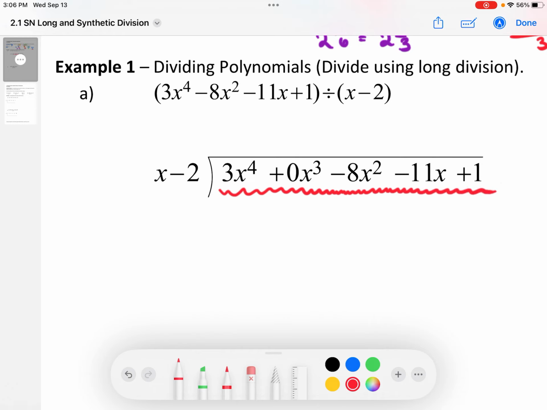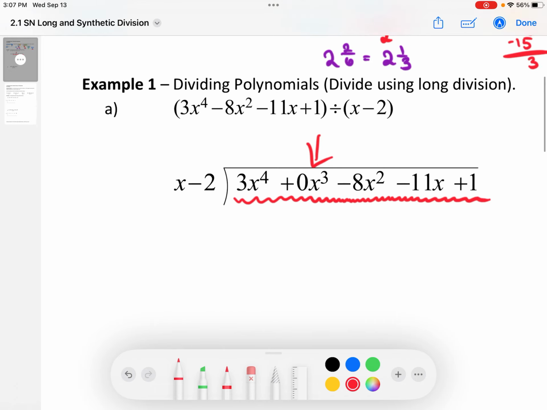Here's the deal with that 0x to the 3rd, okay? Our problem went from 4th power to 2nd power. It skipped a 3rd power. For this process to work, we need a 3rd power written down, so we need 0x to the 3rd power inserted.